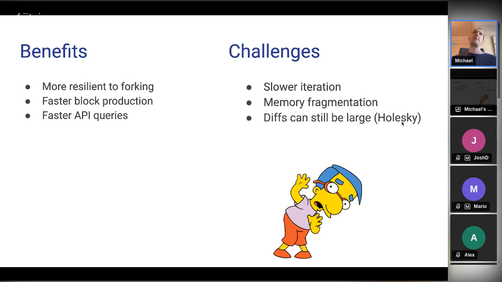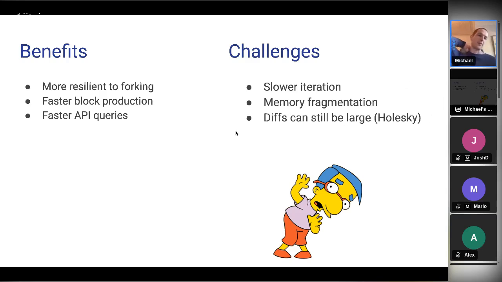I think they were up to 200 megabytes, which is almost the size of a full beacon state. That diff was really large because of the inactivity scores and the balances changing a lot in every epoch boundary. Basically, all the validators were getting penalized, and we were generating a lot of churn in the state. And that's something that we've been working to improve.